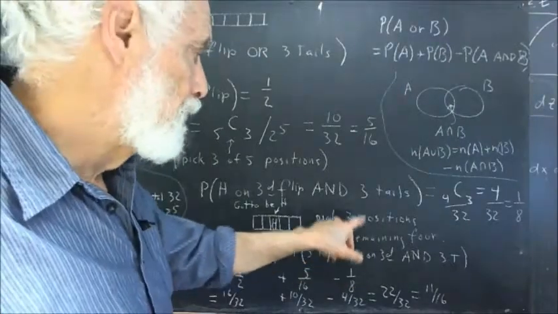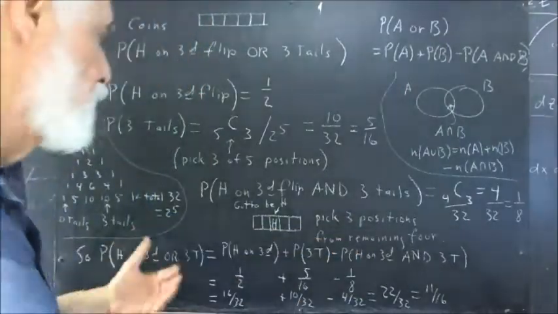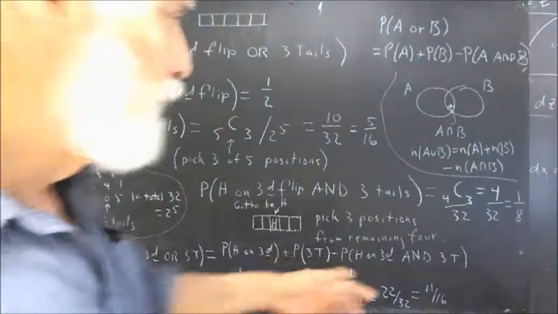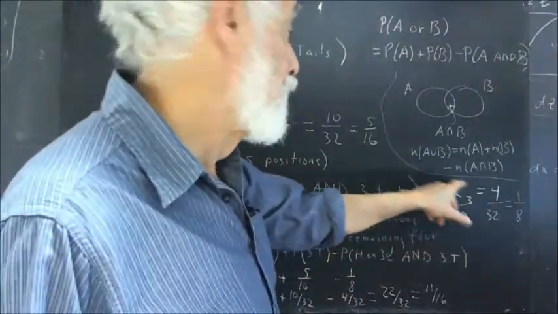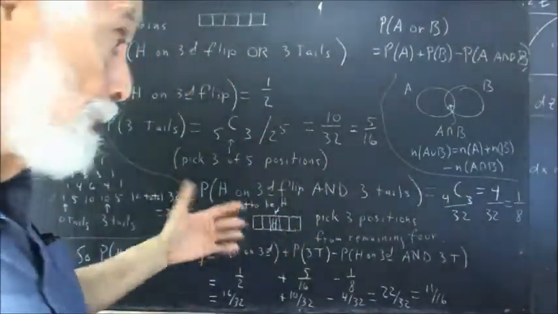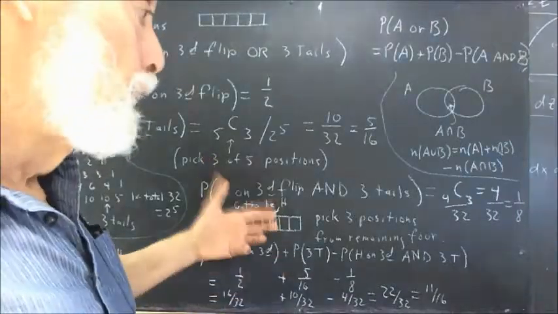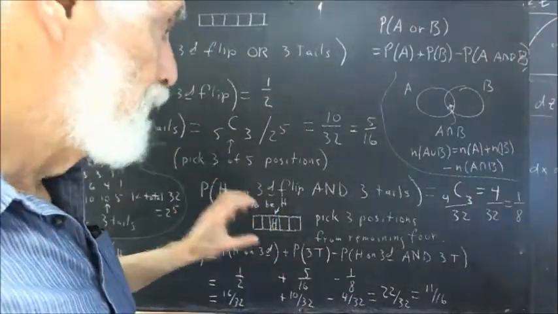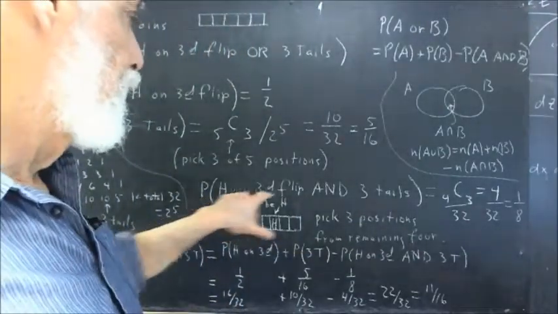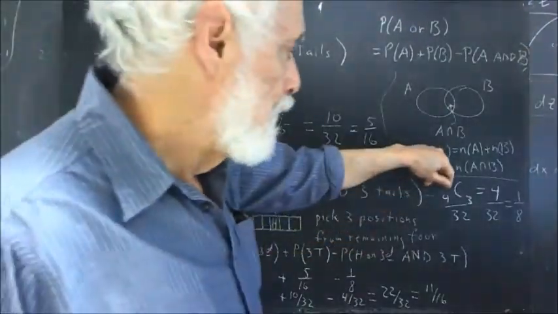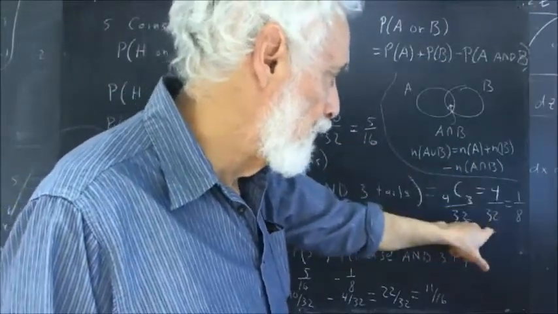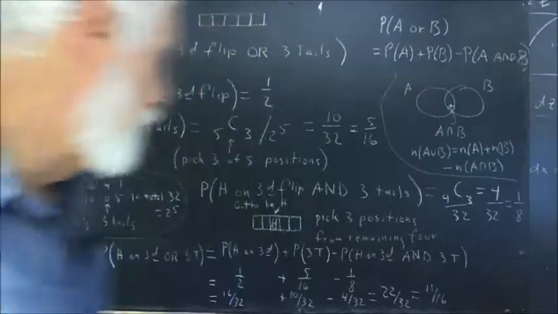We got 4 positions remaining, and 3 of those have to be tails. How many ways are there to do that? Well, that's 4C3. We're picking 3 positions out of 4. Again, the order in which we pick the positions doesn't matter. Only where the positions are matters. So the probability of getting a head on the third flip and 3 tails is 4C3 divided by 32. That's 4 divided by 32, which reduces to 1/8.